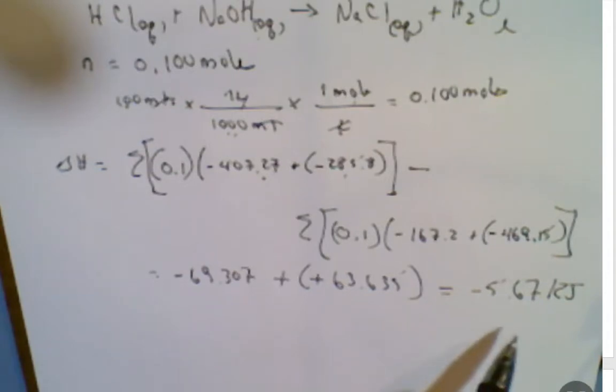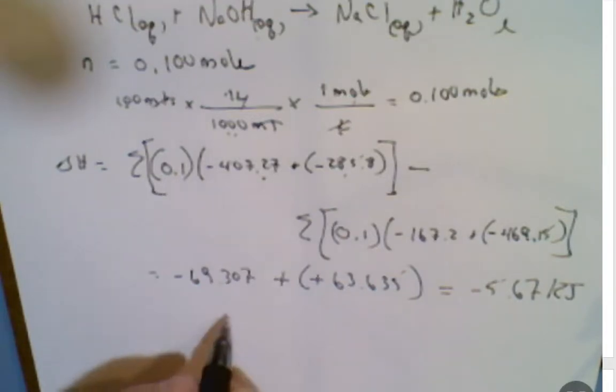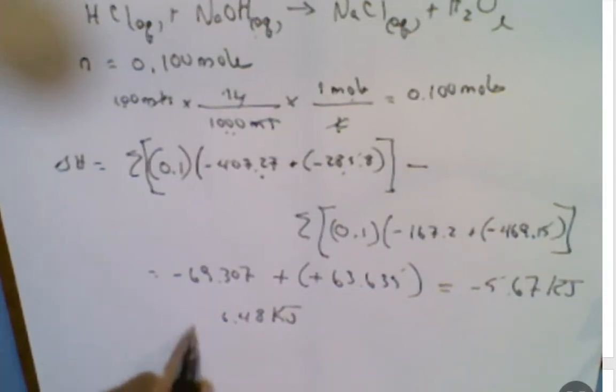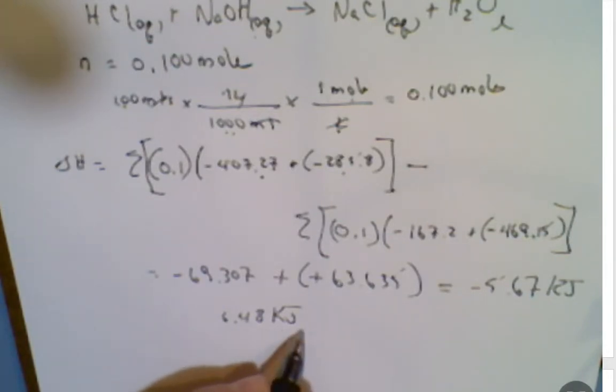Now, if I compare that value with the actual value that I determined in calorimetry, they're not exactly the same. My calorimetry value came up to 6.48 kilojoules. I actually remember I reported it as 6.48 times 10 to the third joules.